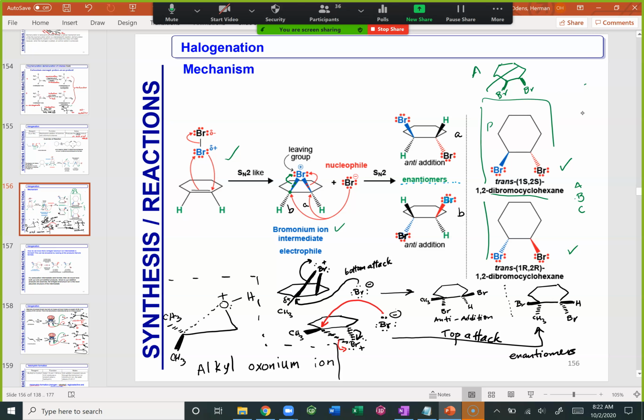A, B, C. So my answers A, B, and C, and D. I can say A and B. That's wrong. B by itself, C by itself, and I say B and C. So the answer is D, right? Because B and C are the possible products for this reaction because of the anti-attack.